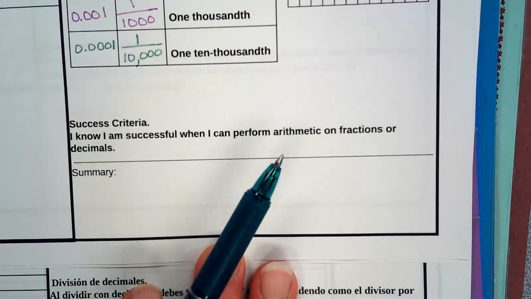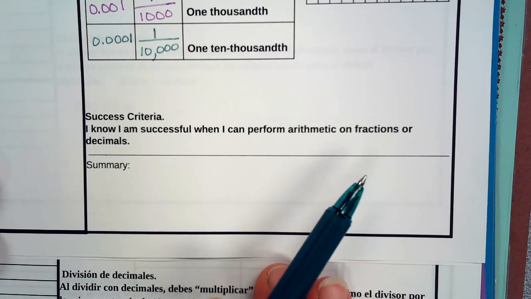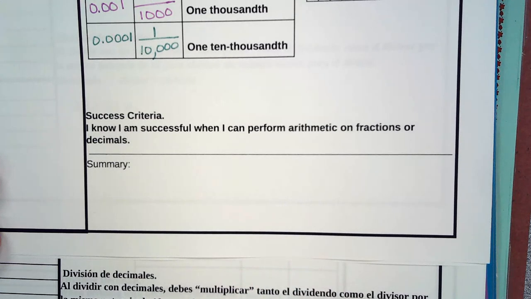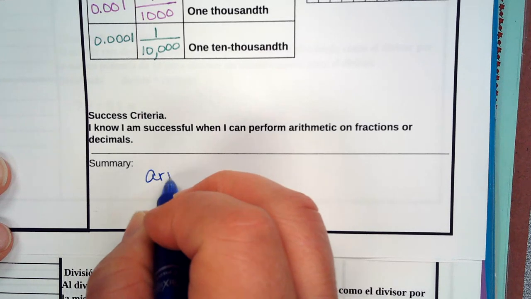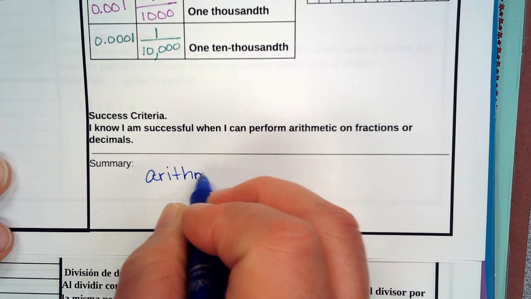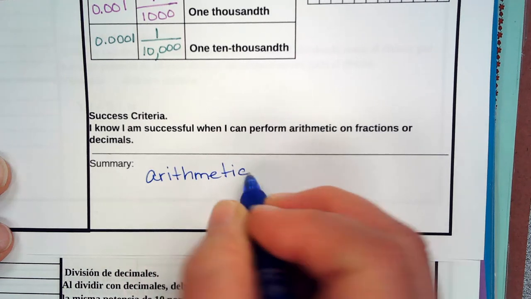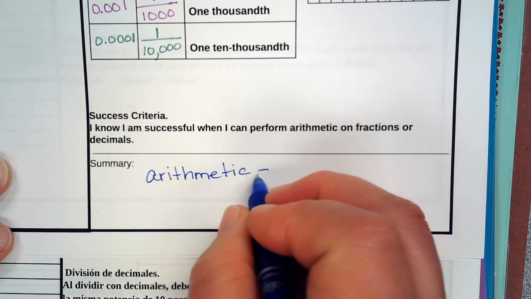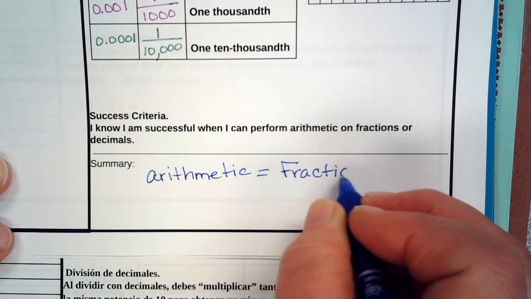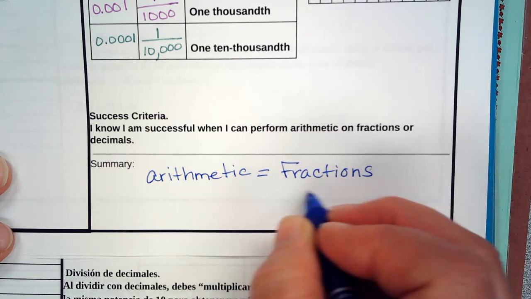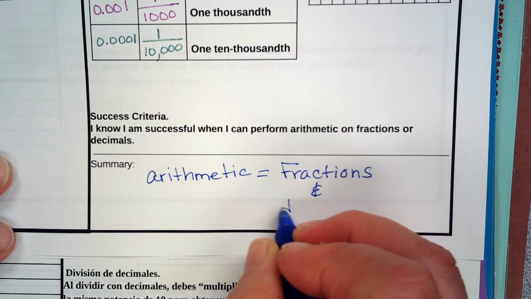So I know I'm successful when I can perform arithmetic on fractions and/or decimals. We're still doing arithmetic with fractions and decimals.